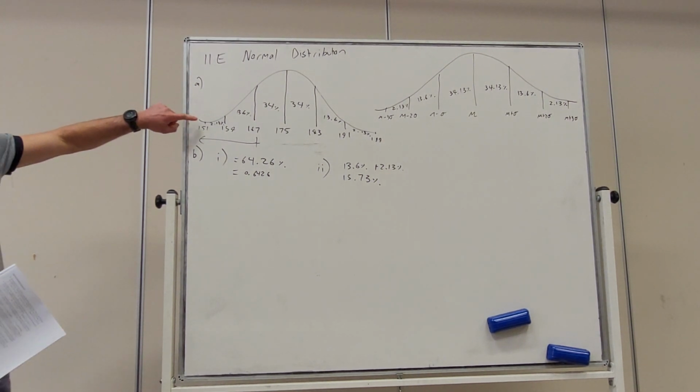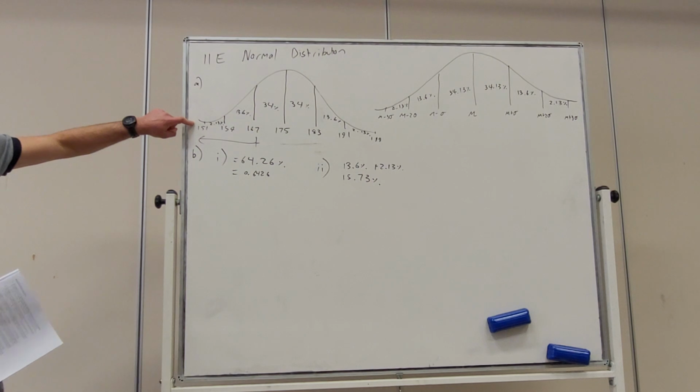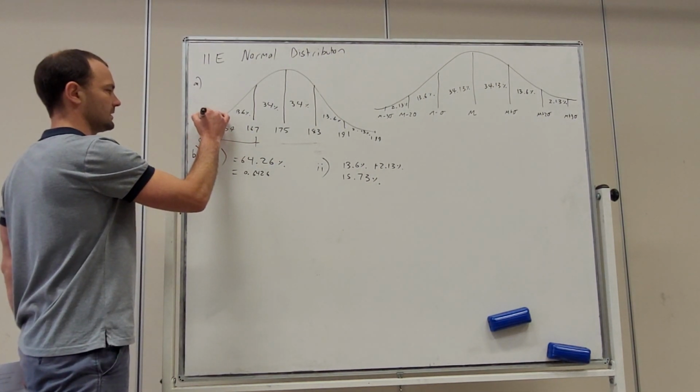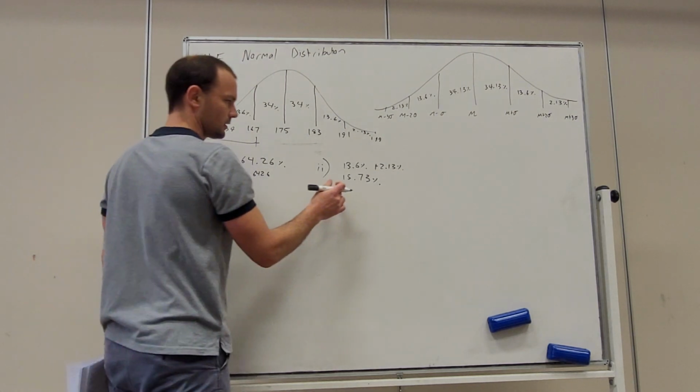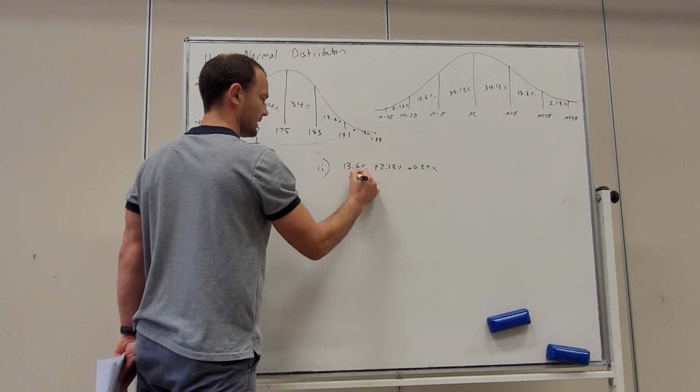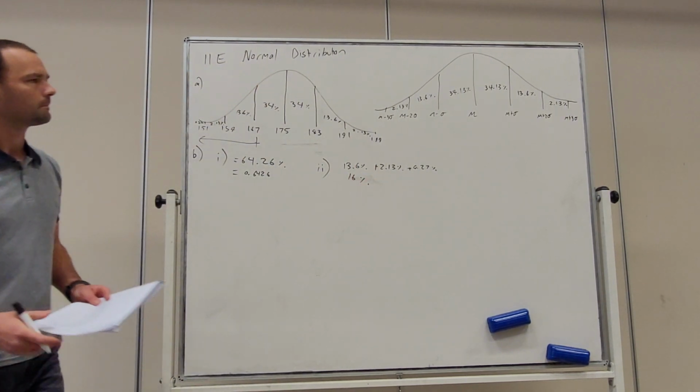Now I haven't put these numbers in here. So in here it is like 0.27%. It's very little, so let's put that in, and then when we add it up, we've got 16%.